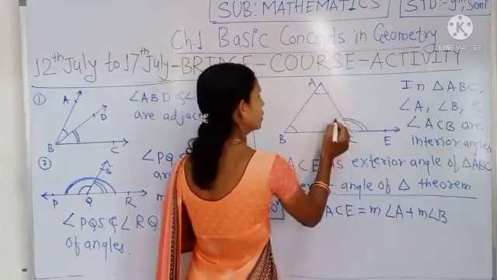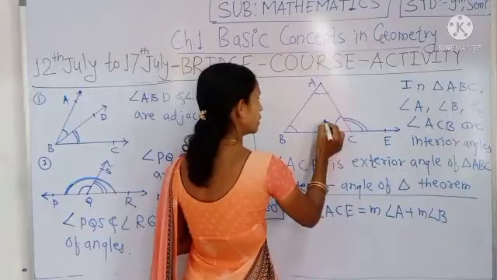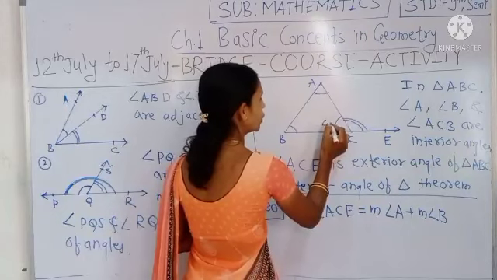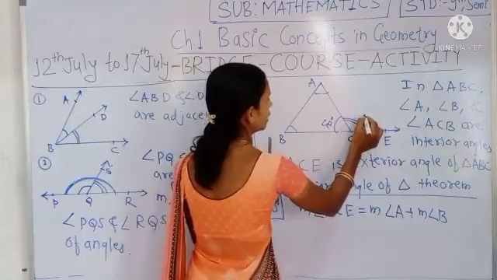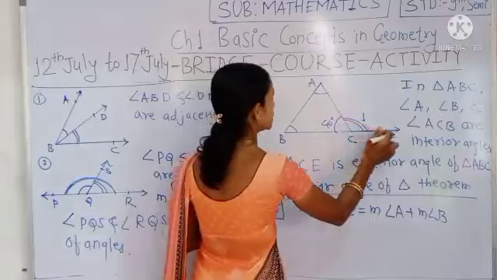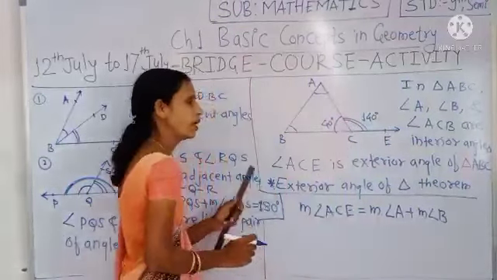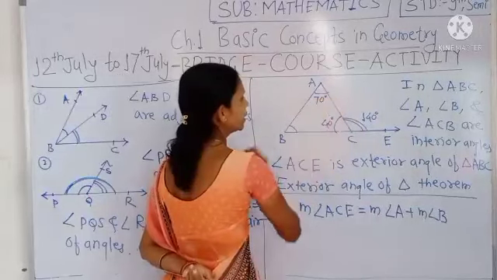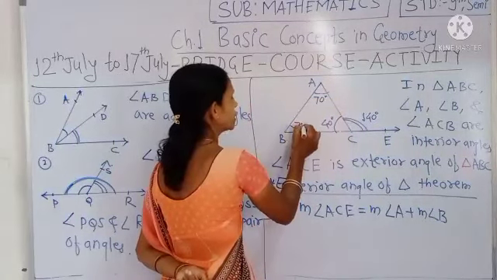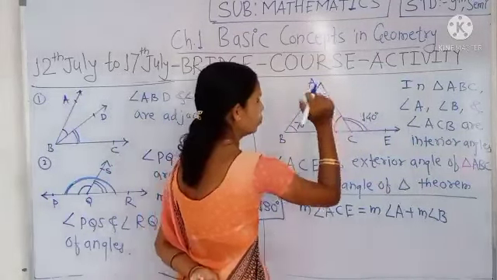Here that angle is 40 degree. Then here angle ACE is 140 degree and angle A is 70 degree and angle B is 70 degree, then 140.